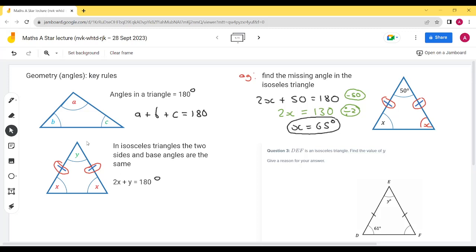Okay, so in this case, we've still got our lines. It's still not been cruel, so the base angles are still the ones after the lines, which means we know f equals 61 degrees because the base angles are the same.